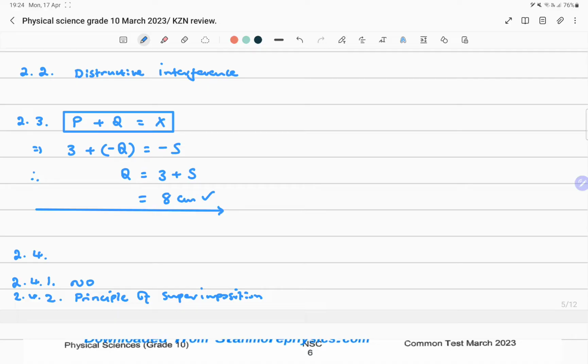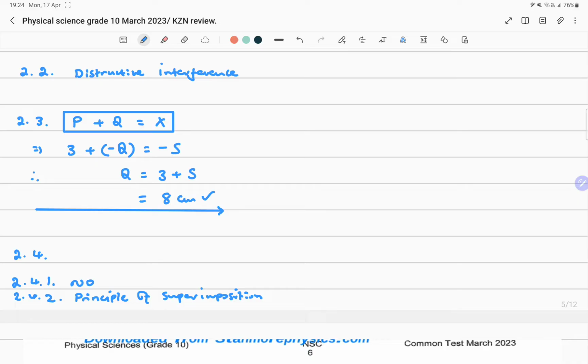In fact, let me try to remember it again. It says for all linear systems, the response to two disturbances, because we're talking about waves now, or pulses, it would be the reaction that we would get.